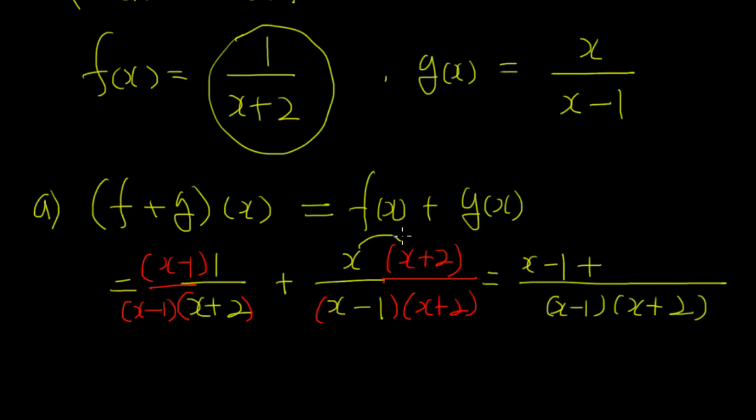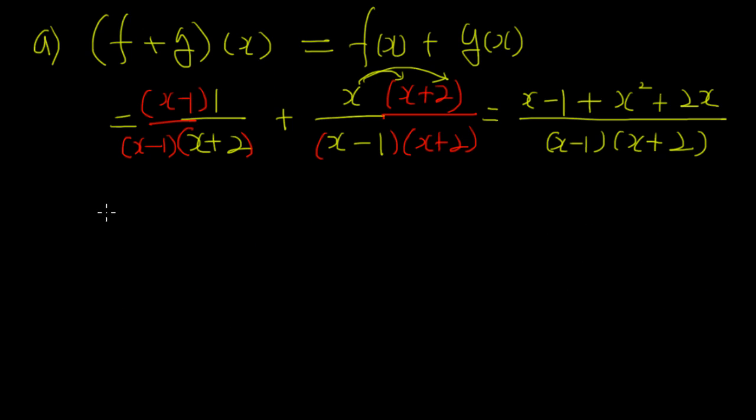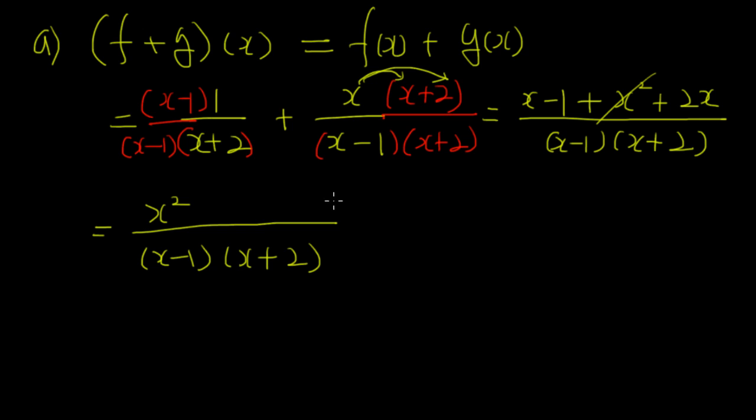What about here? Well, this has to multiply in here and here, so it'll be x squared plus 2x. Now, all we need to do is simplify this one more step. So our denominator is x minus 1, x plus 2, and let's write this x squared first. I'd like to cross it out just to avoid any confusion.